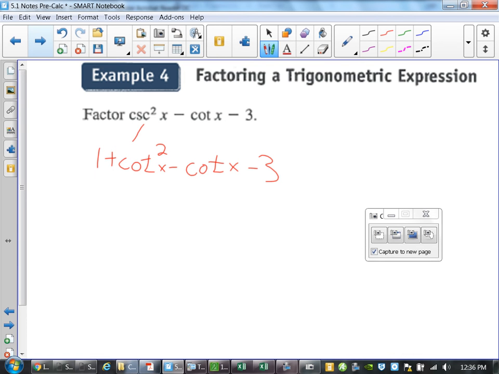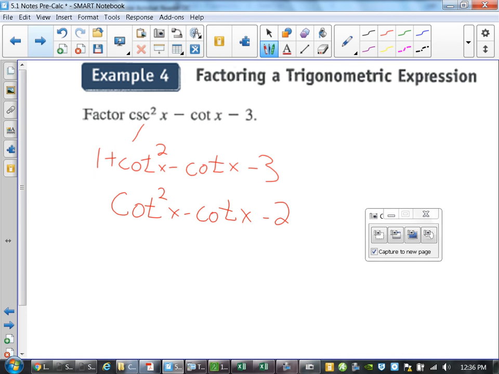And then what do I do with the 1 and the -3? Yeah, you just combine them. And now I can factor that without too much of a hassle. I'm not going to use the U substitution here because there's not much going on.